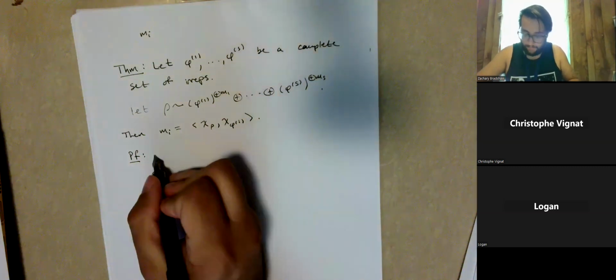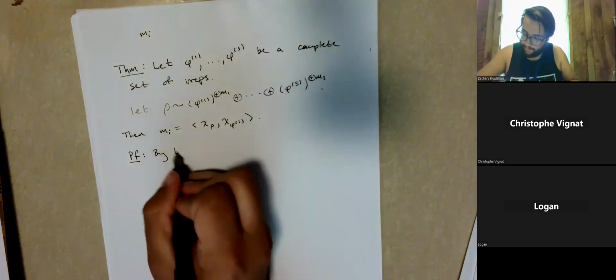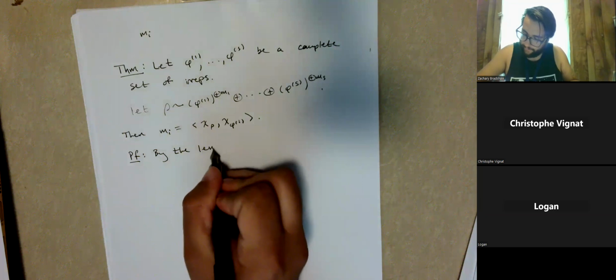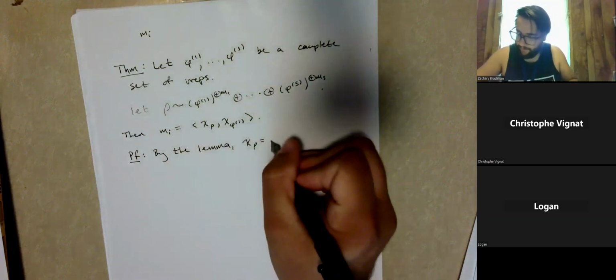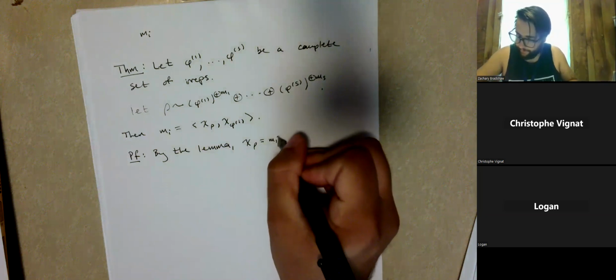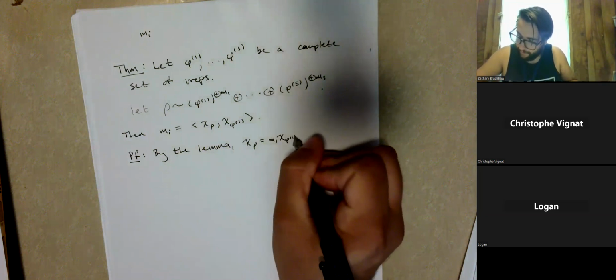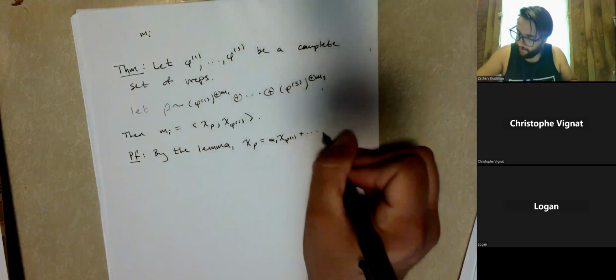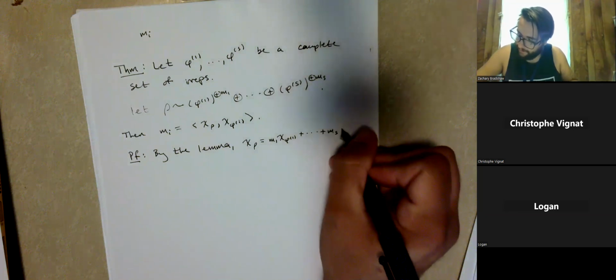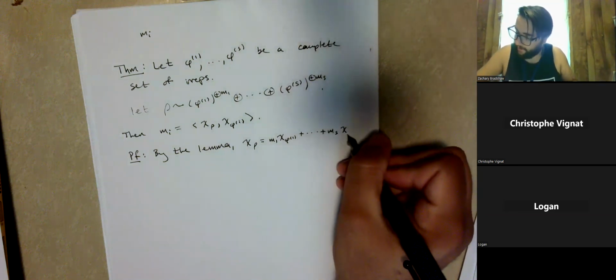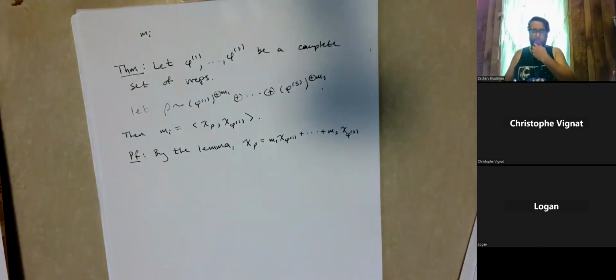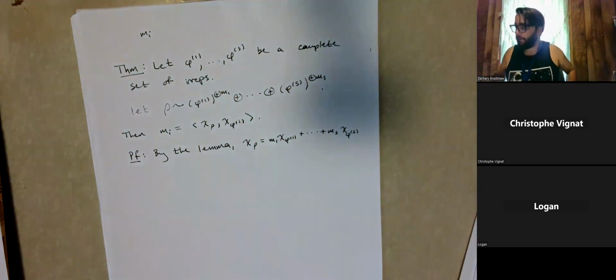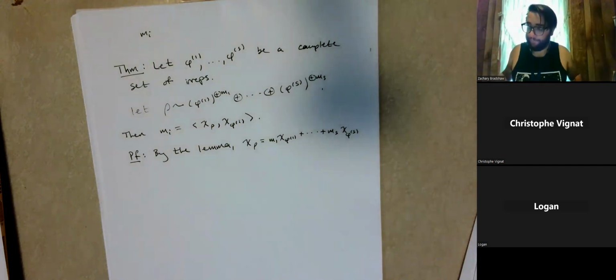So by the lemma, chi rho is equal to m1 chi phi 1 summed up through ms chi phi s. Okay, so that's just exactly what our lemma is telling us.